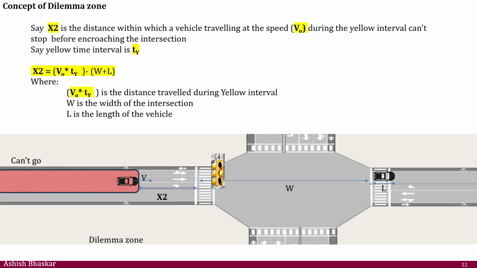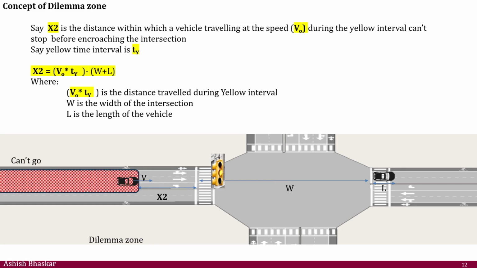What is that? The speed at which you are traveling multiplied by the yellow time. So the speed V into yellow time is the distance you can travel in yellow time. In the yellow time, you should be traveling all the way from here to there, so your front bumper should hit there. So that is this x2 plus w plus l, the distance you should be traveling in the yellow time.